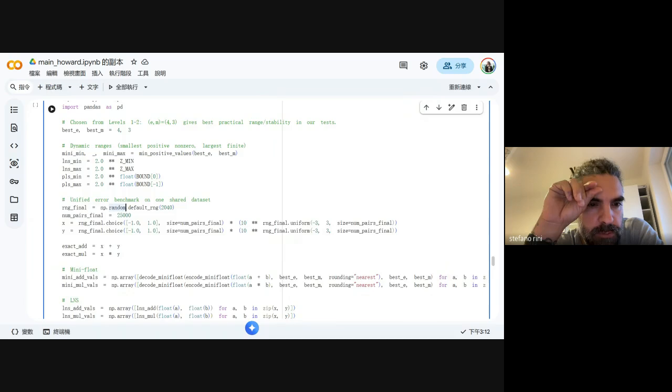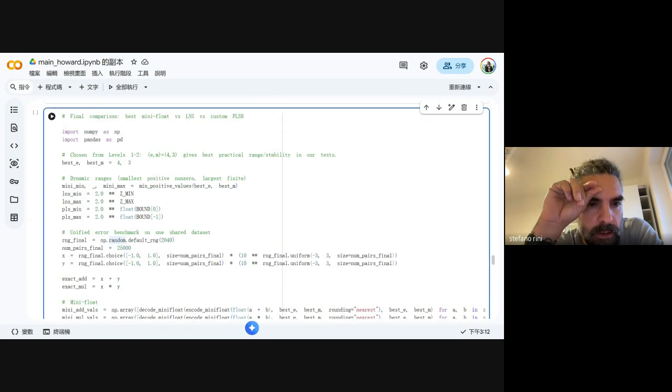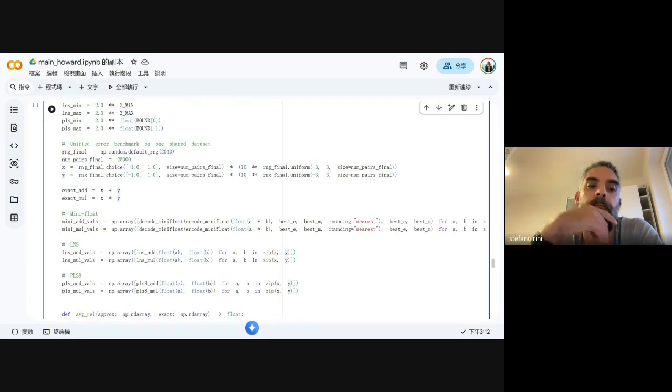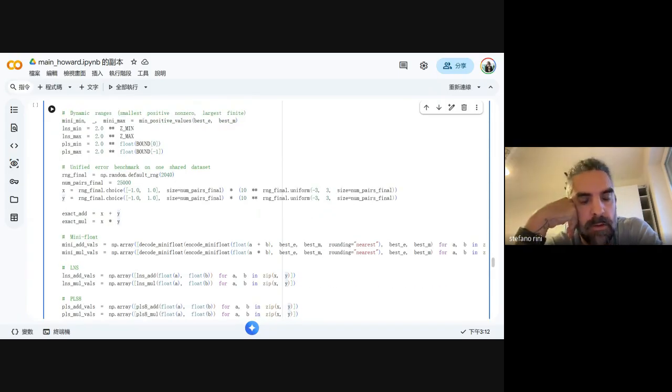Then error benchmark. Random default. Random number between 20 and 40. Number pairs final. I see. So you take the x and the y in terms of the range that you have chosen, right? You take 2000 numbers and you repeat, so you can do the float.